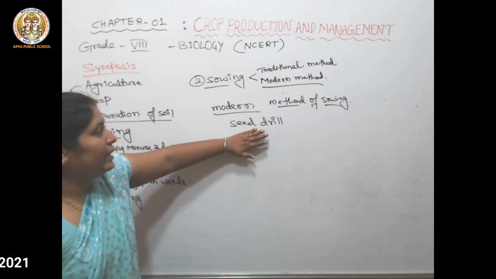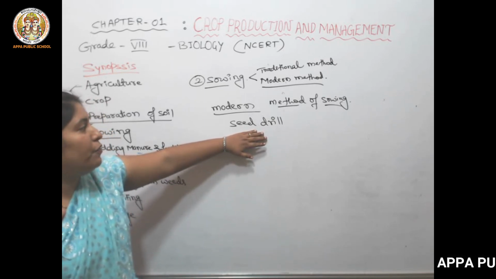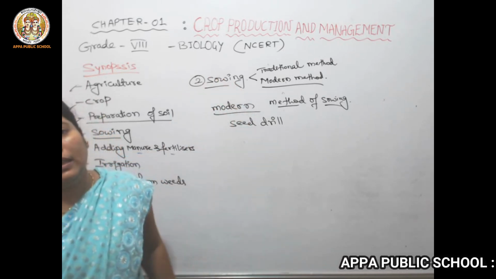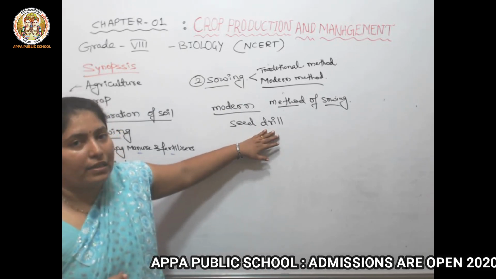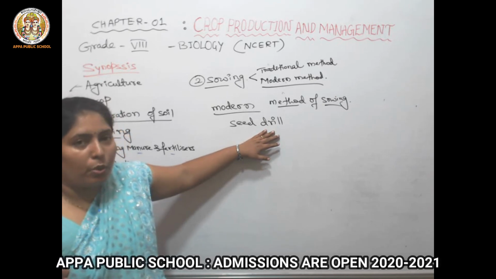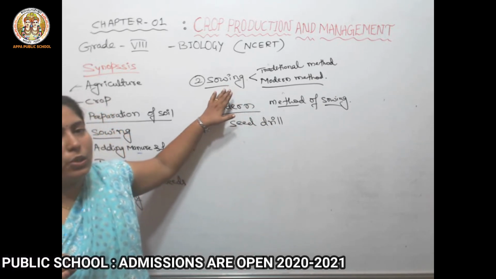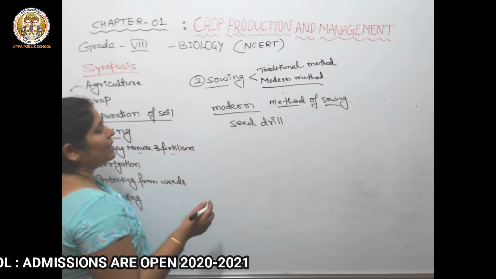Seed drill is the machine used for the purpose of sowing the seeds. You may get one more question like what is a seed drill? Seed drill is a modern tool which is used for the purpose of sowing. Right. So how is the construction of the seed drill?